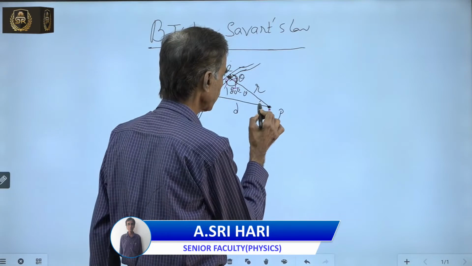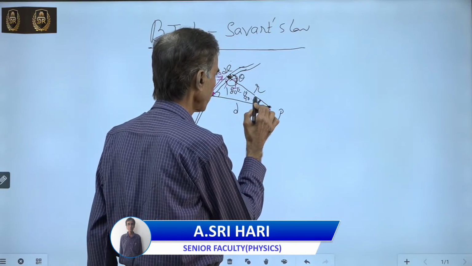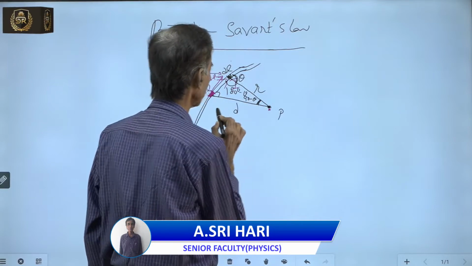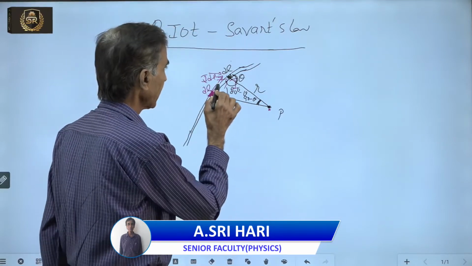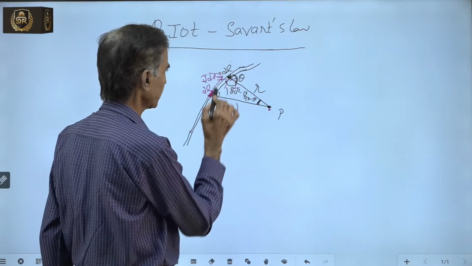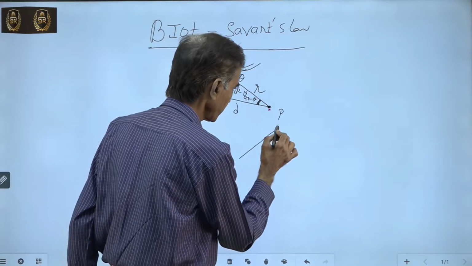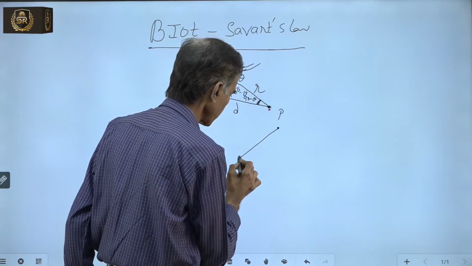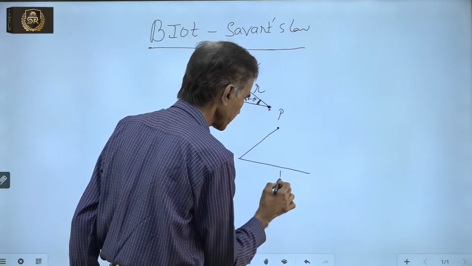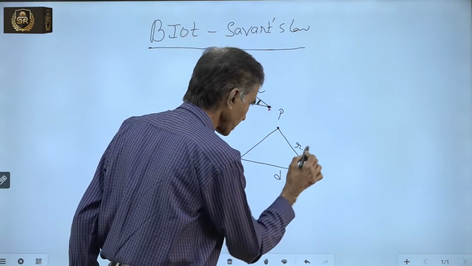Therefore, this angle will become 90 minus theta. So, what I am doing here is taking this element at a distance L. This is my element, and this wire is at a perpendicular distance d, and the point is at a distance r.